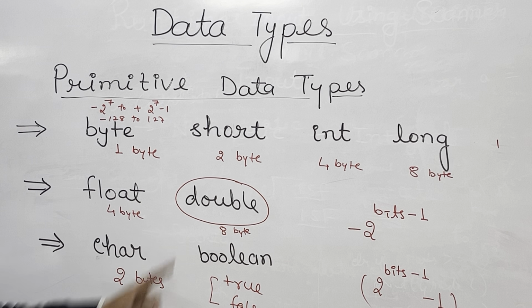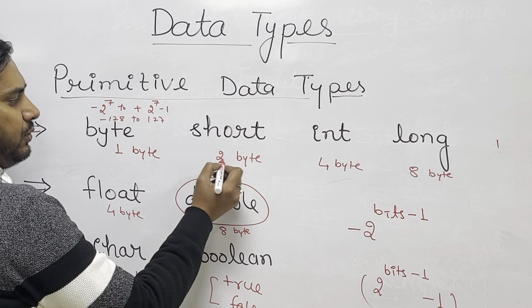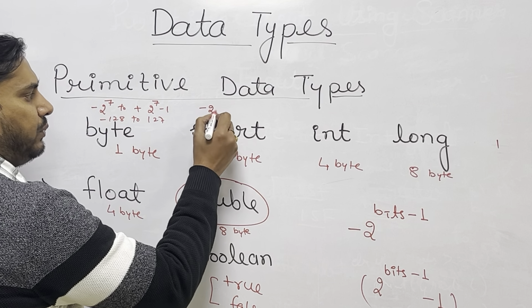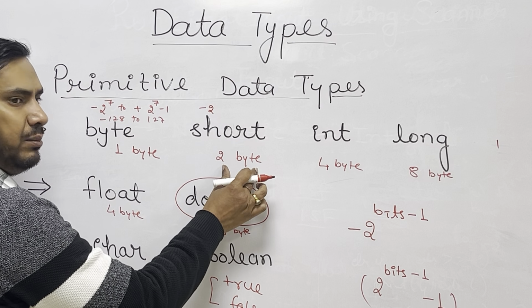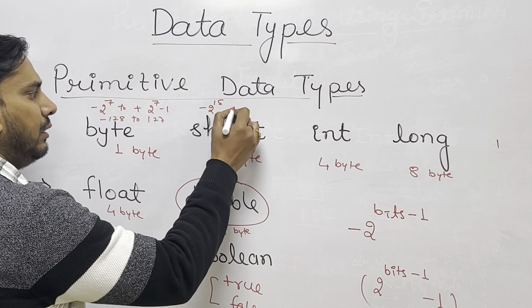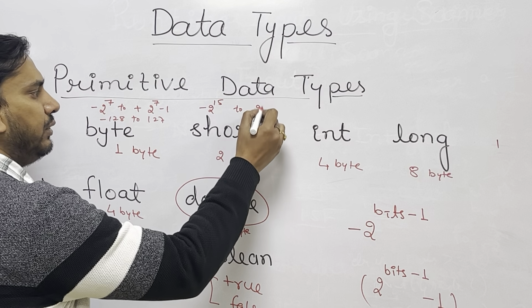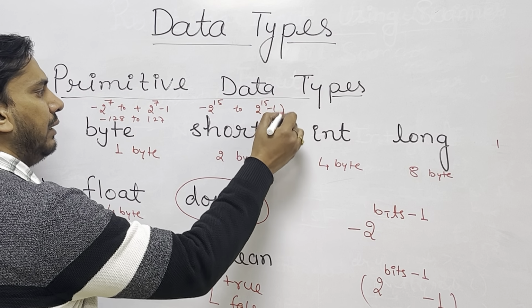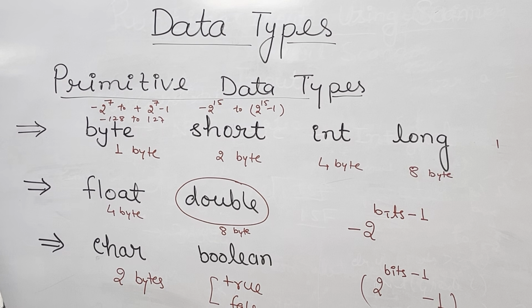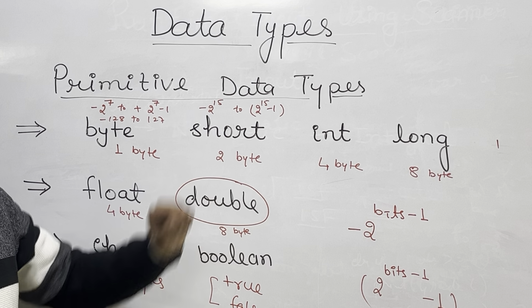Similarly, to find the range of short, the size of short is 2 bytes, so it is minus 2 raised to the power 15 up to 2 raised to the power 15 minus 1. That is the range of the short data type.